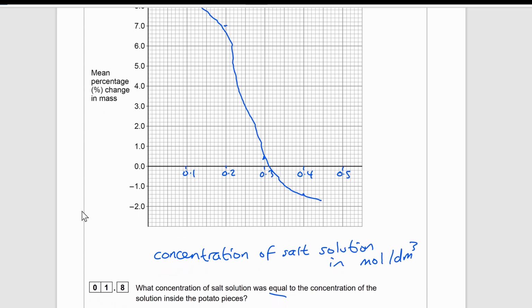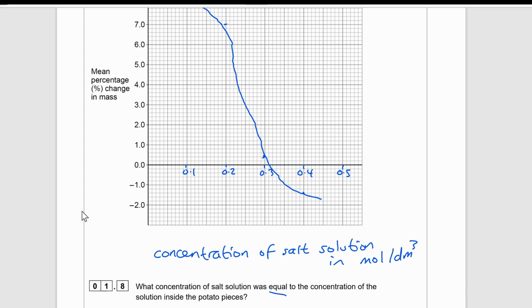Question 1.8. What concentration of salt solution was equal to the concentration of solution inside the potato pieces? Well, our experiment is investigating osmosis. So if we remember, osmosis is the movement of water molecules from a high concentration to a low concentration through a semi-permeable membrane. So in this case, we want to find out a situation where the concentration is equal inside and outside of the potato pieces.